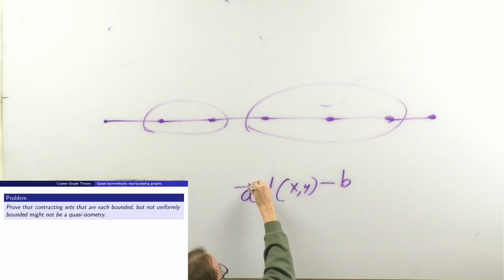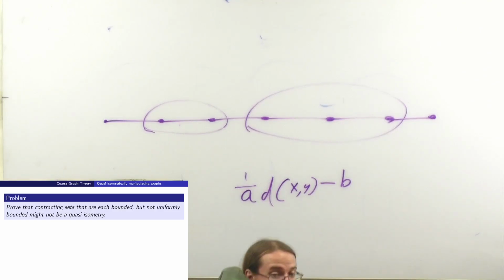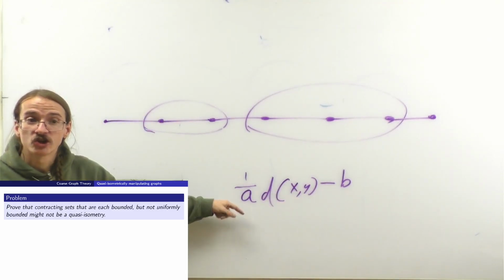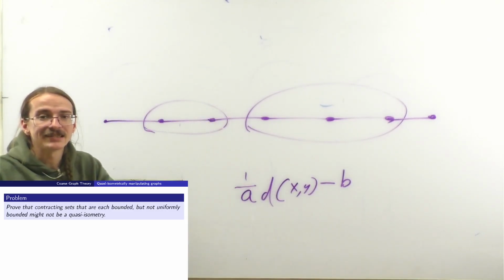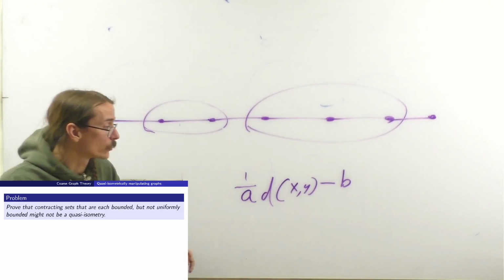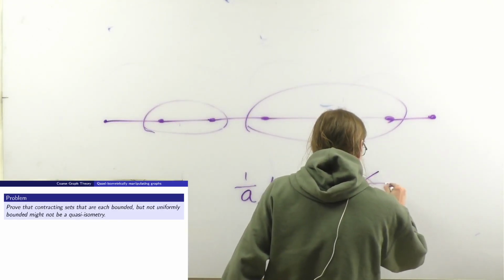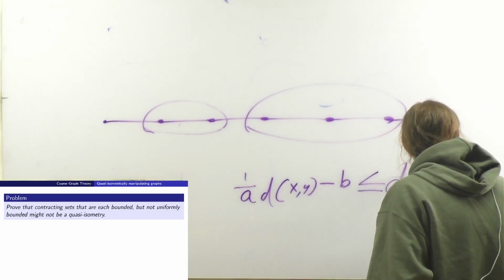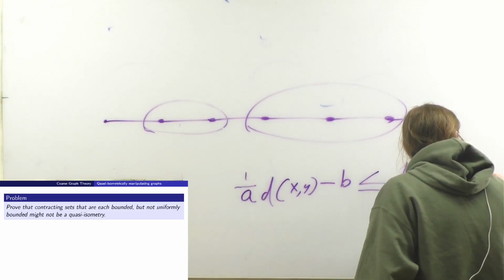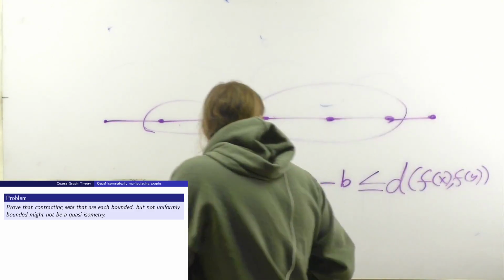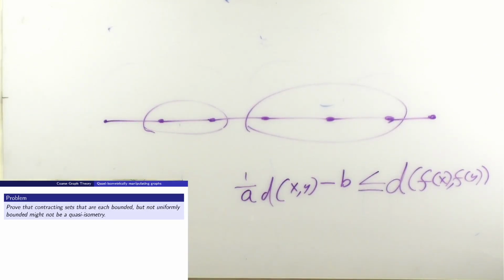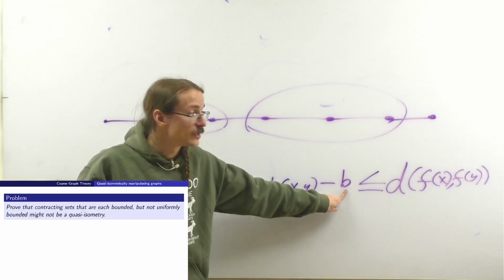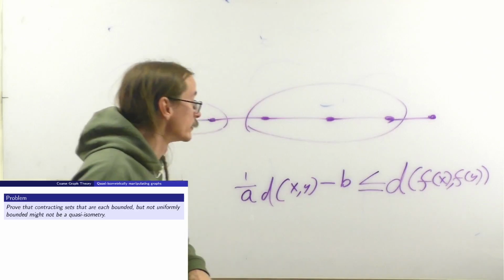So this is a linear function that's shrinking that distance. This is how it can't shrink more than this. So this has to be less than or equal to the distance between their images. Okay. If it's a quasi-isometry, then there is such an A and there is such a B, such that this thing has to happen.